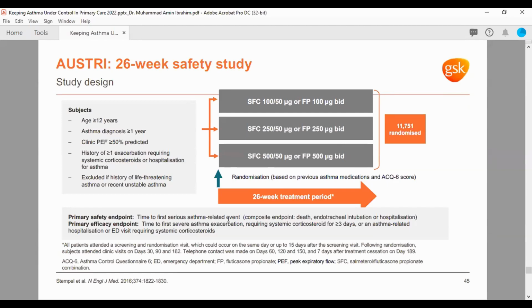Second arm at higher dose of steroid, salmeterol fluticasone 50/250 against fluticasone 250, and the last arm even higher dose of steroid 50/500 against 500 microgram of fluticasone alone given BD.